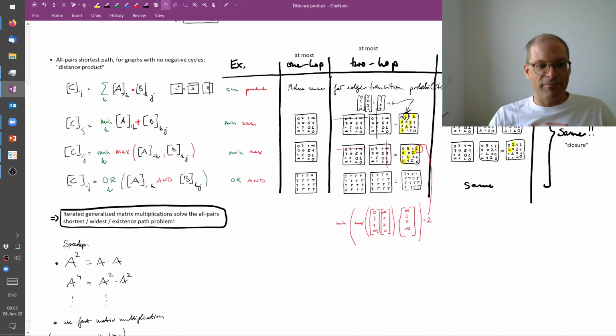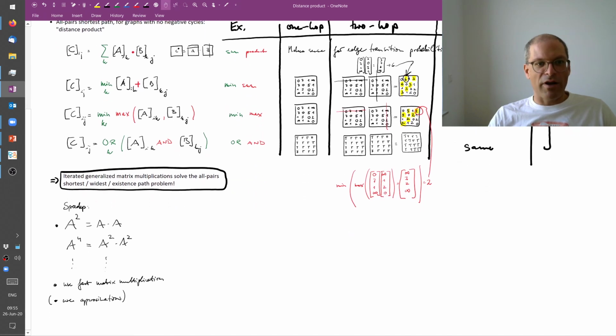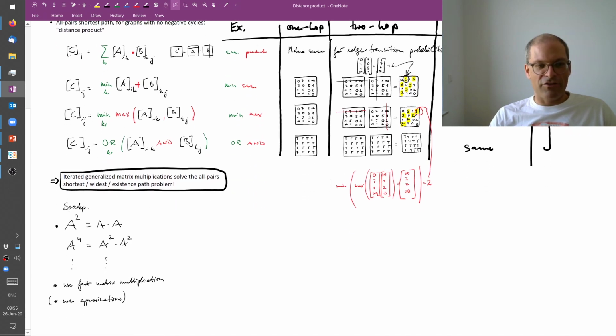Final comment here. How can we make this faster? If I am interested not just in the best paths with up to k hops, but if I'm just interested in the best path overall, then I have to multiply this cost matrix with itself, n-1 times for n nodes.